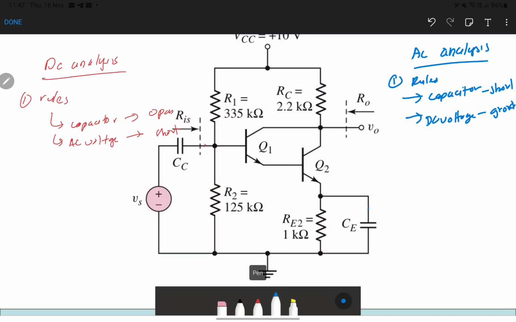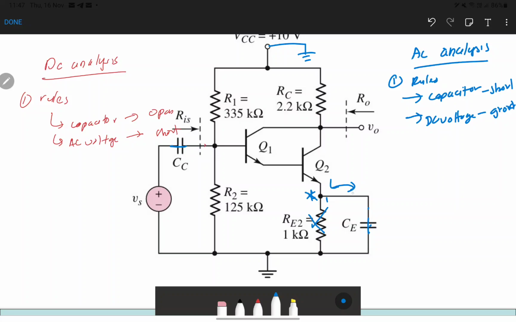Okay, now the first capacitor will be short, and the second capacitor will be short, and voltage VCC will be ground. So since this line will be short, no current will flow inside the RE. No current enters RE, because the total current will take the easy way, the way that has no load.